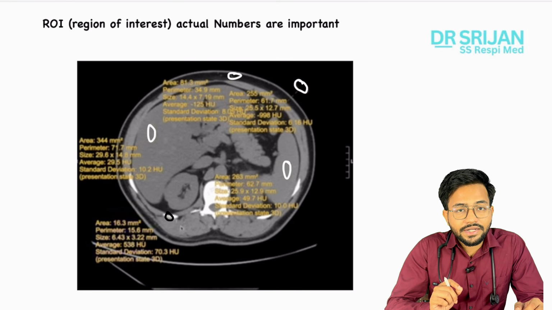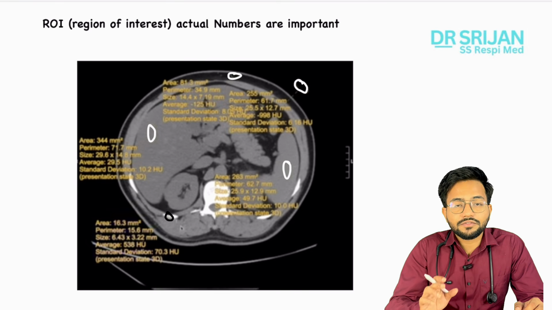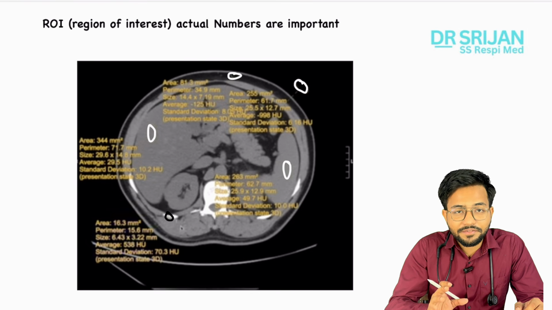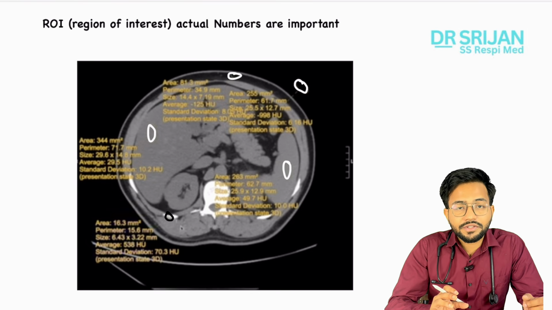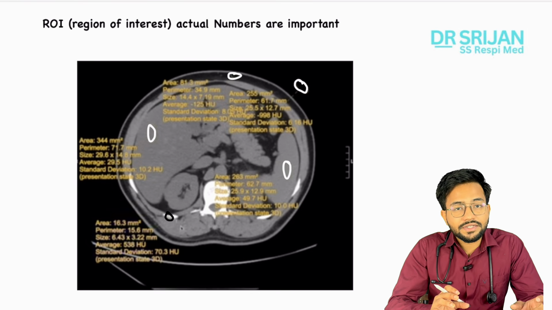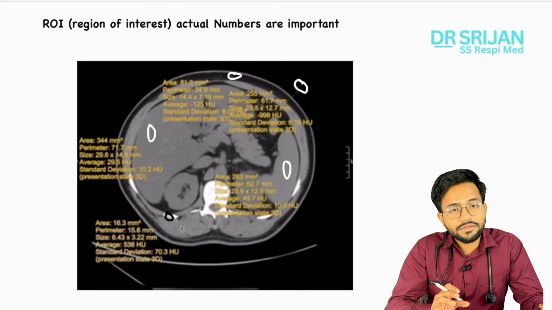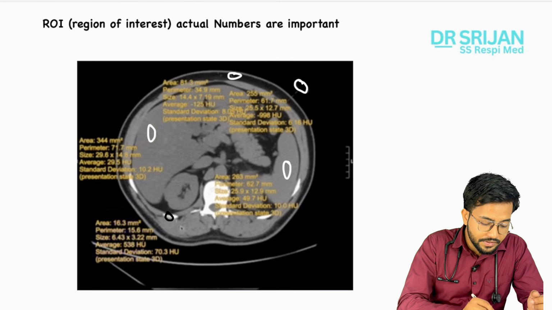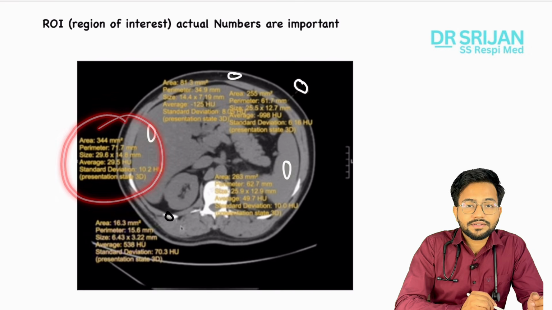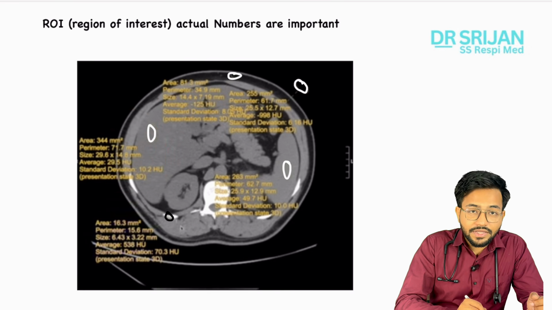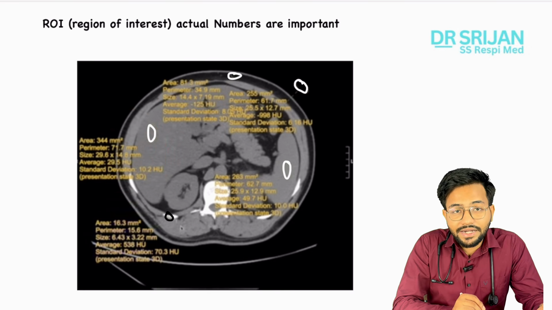The normal density of the spleen is around 40 to 50 Hounsfield unit, and the liver should be around 50 to 60 Hounsfield unit. But here the liver is less dense.